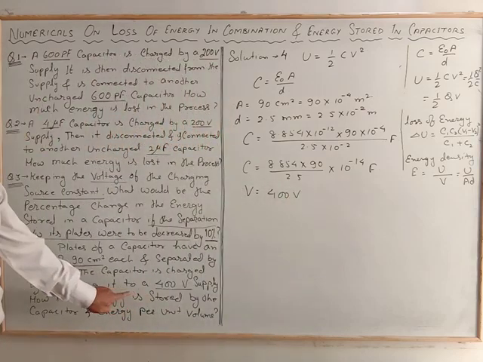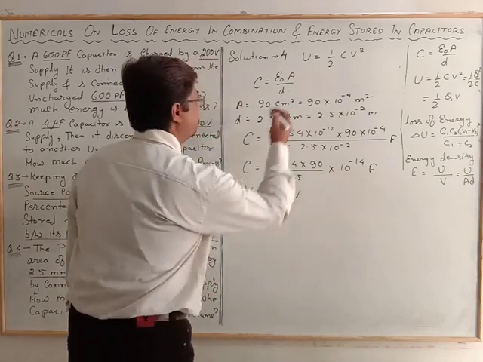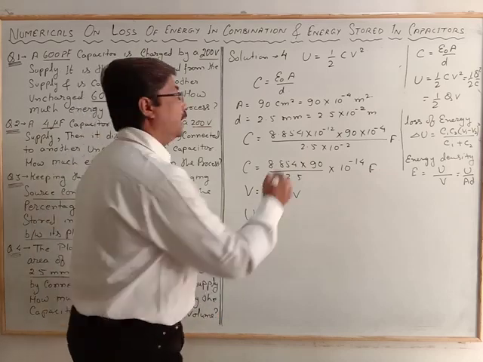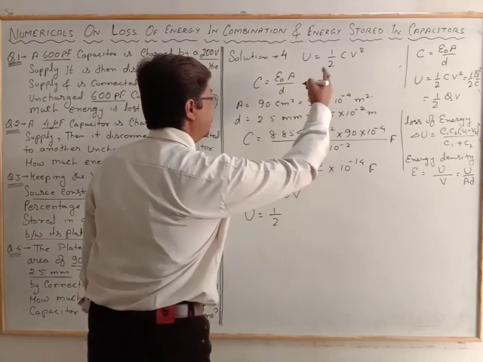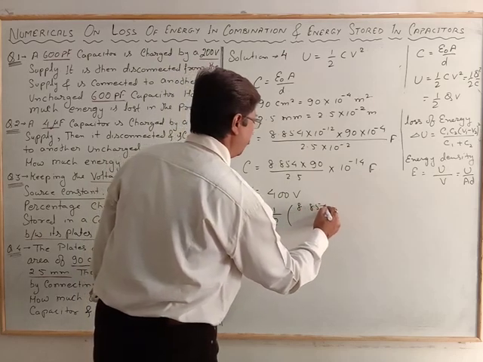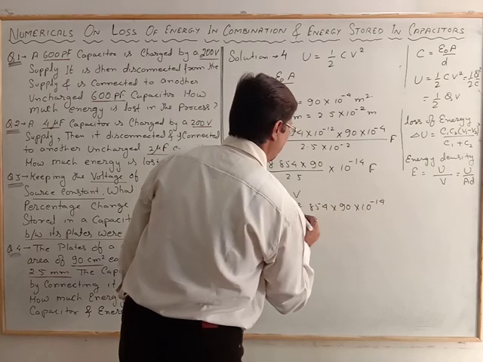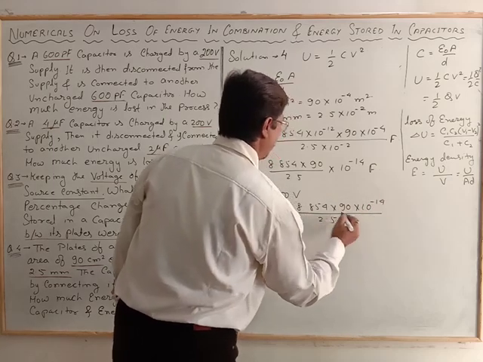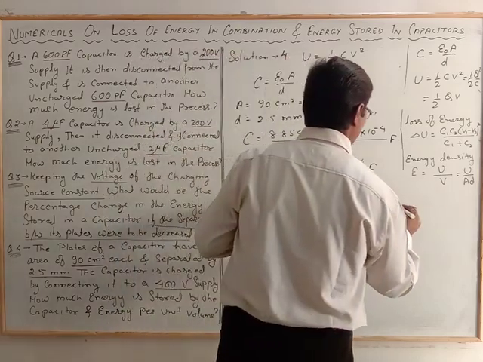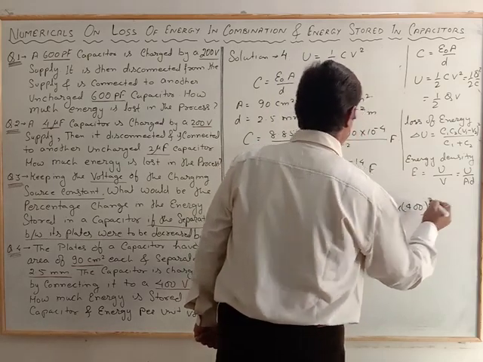So in that case, the energy U is equal to half C V square, and in place of C, we will write 8.854 into 90 into 10 to the power minus 14 by 2.5, that much is the capacitance, into 400 whole square.